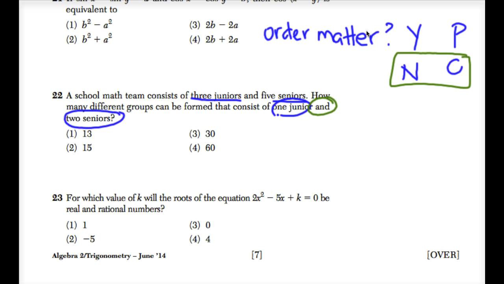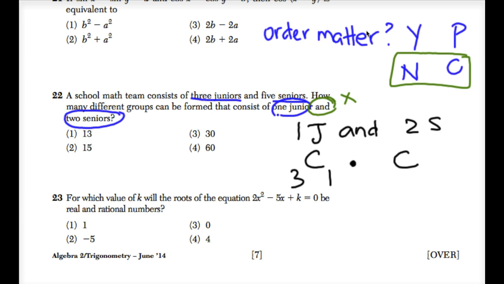This "and" is our keyword. "And" means this is when we multiply. So our task is asking for 1 junior and 2 seniors. There are 3 juniors, so it will be 3 choose 1, times 5 choose 2 for the seniors.